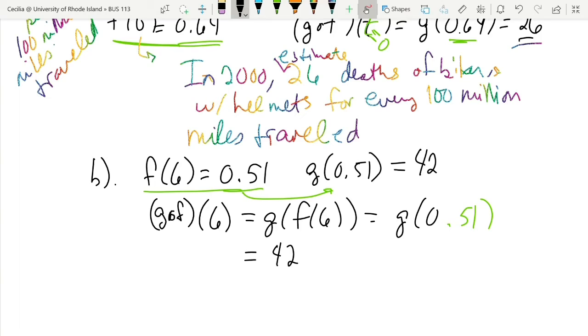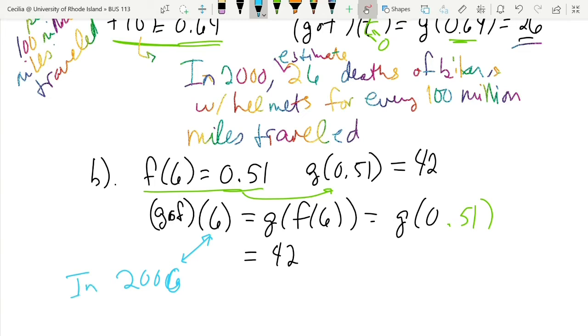So what is that telling me? Well, it's telling me that in the year 6 after 2000, so that's in the year 2006, according to the way we were told that f of t, that they were setting t equal to 0 for the year 2000. So this has to be 6 years later. It's 2006.